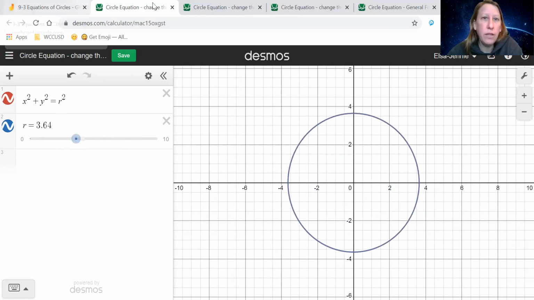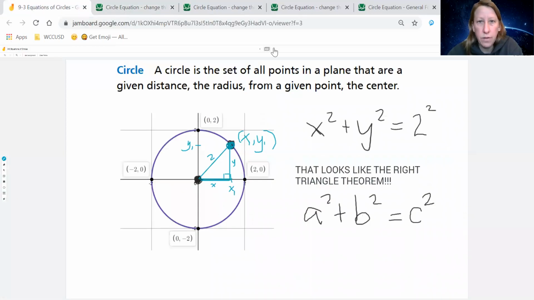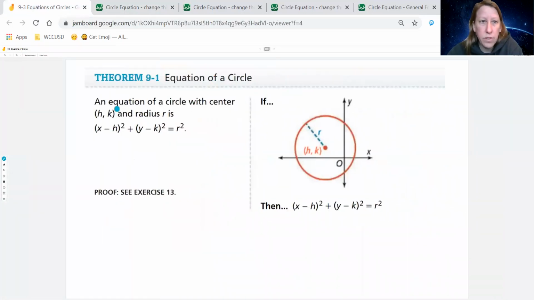All right, here is the equation of a circle. The important information is the center, which we call HK, so it has an X coordinate and a Y coordinate. And then the radius we've already looked at a little bit. This is important. This is the formula.